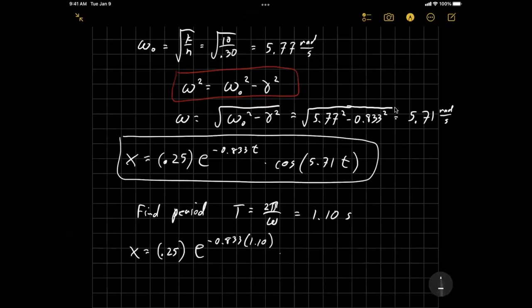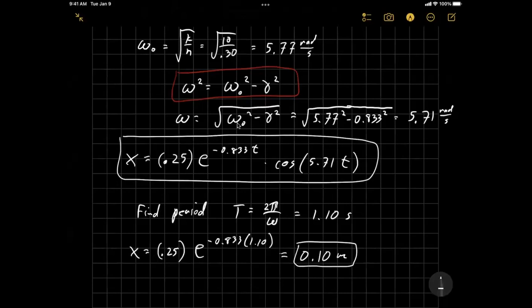So when I put those numbers in, I get that the amplitude one period later is down to 0.10 meters. Remember it started at 25 centimeters as the amplitude, and one cycle later, we're down to about 10 centimeters instead of 25.